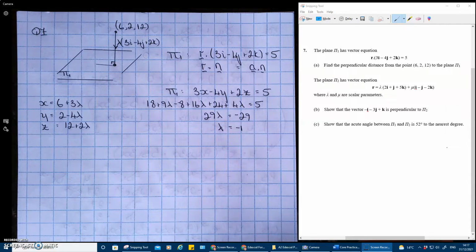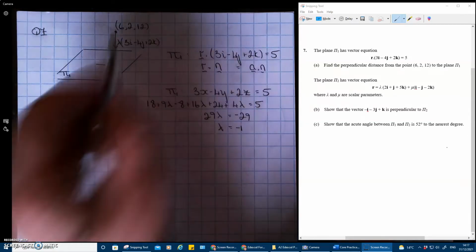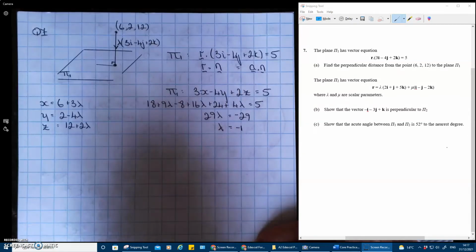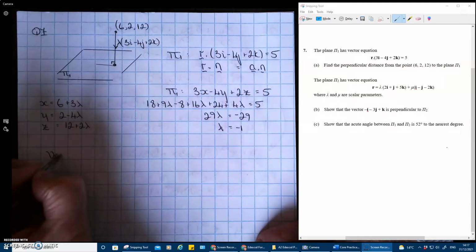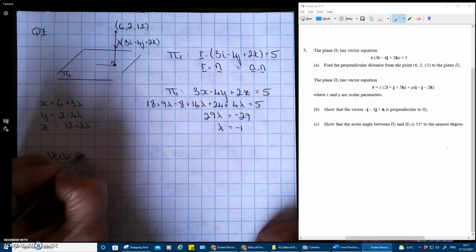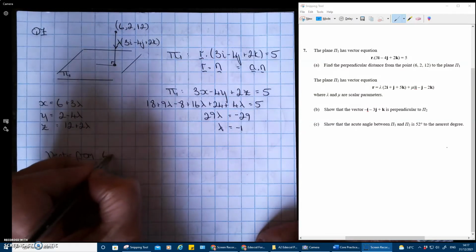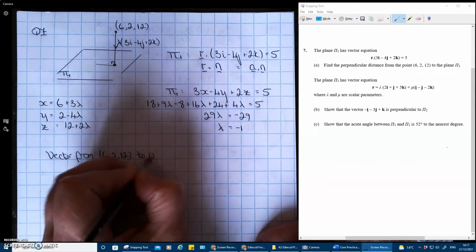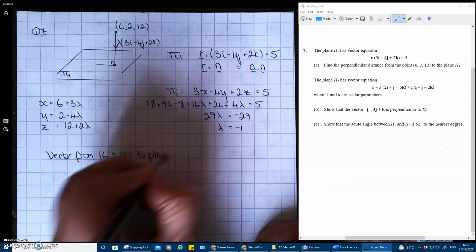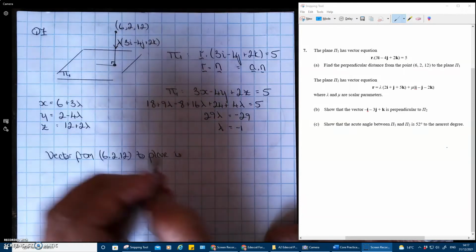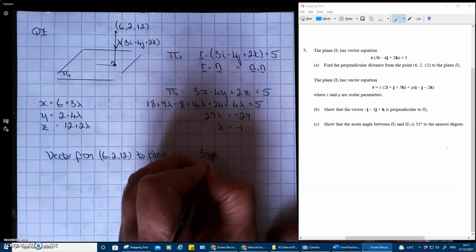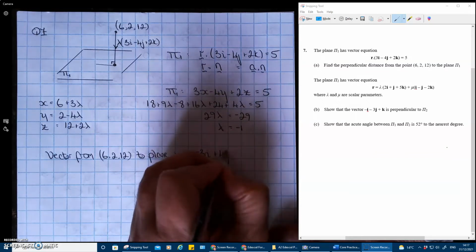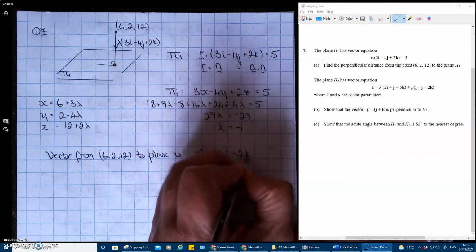So now I know what the vector from the point to the plane is. So the vector from 6, 2, 12 to the plane, to pi1, is minus 3i plus 4j minus 2k.